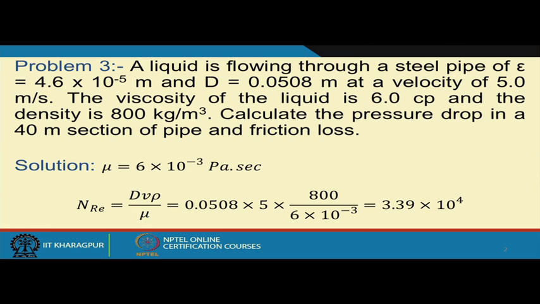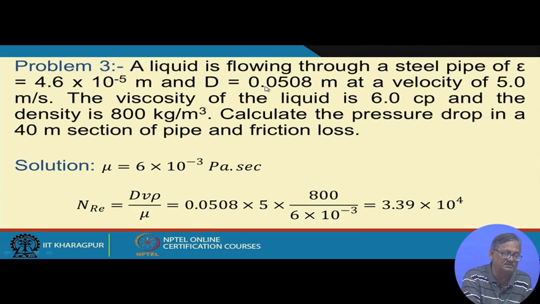This problem tells that a liquid is flowing through a steel pipe having epsilon, that is called equivalent roughness, epsilon 4.6 times 10 to the minus 5 meter, and diameter d 0.0508 meter, at a velocity of 5 meter per second.